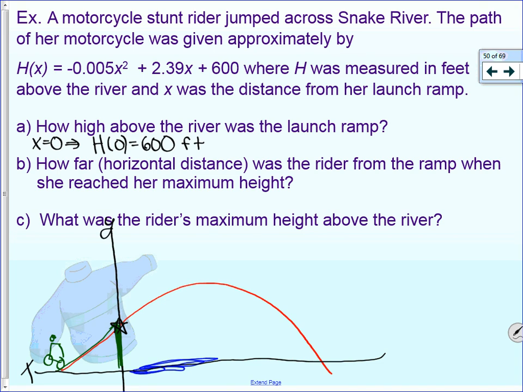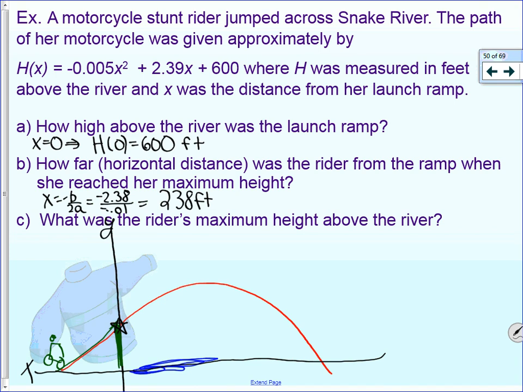You find the vertex using negative b over 2a. So it looks around 238 feet along.